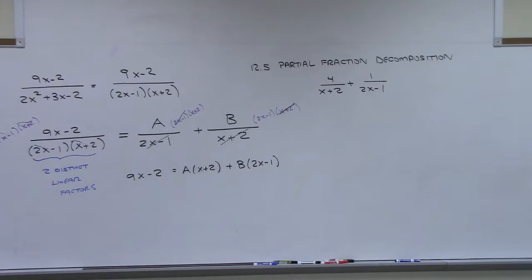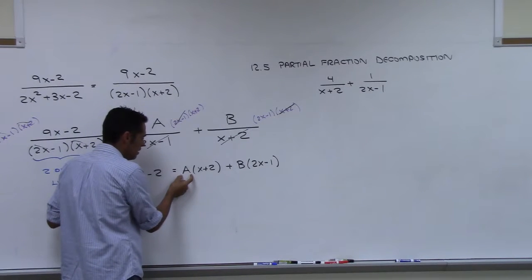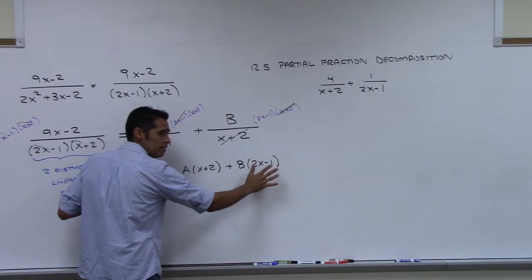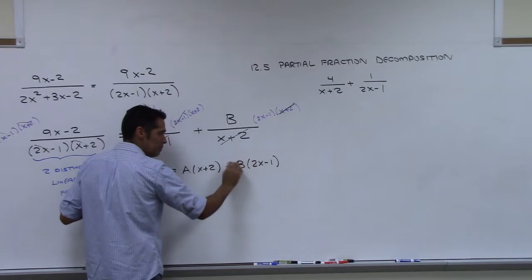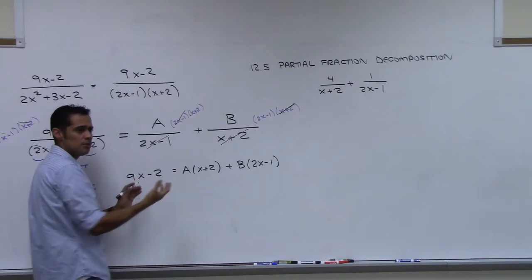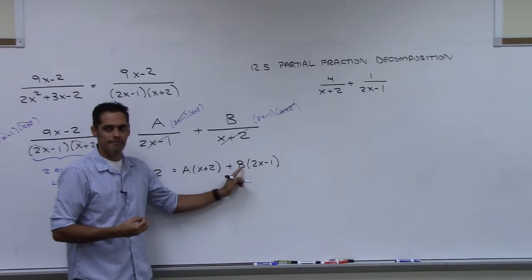So let's see. If I would like to find a, I would really like it if this whole thing wasn't even here, right? If b was gone, then I would be closer to solving for a. So let me choose an x right now that would kill off b.